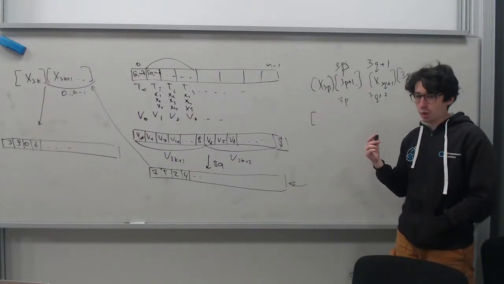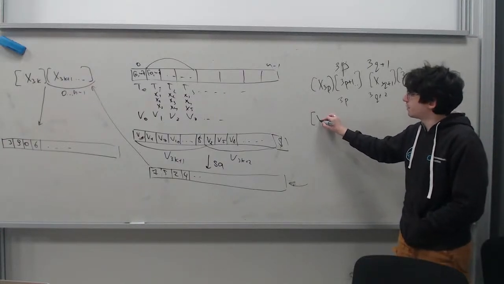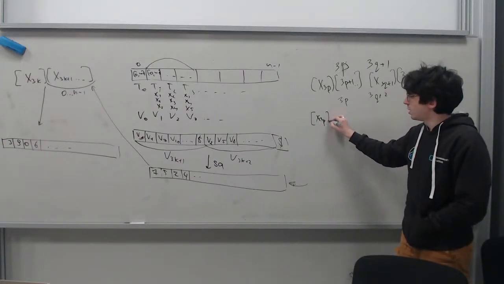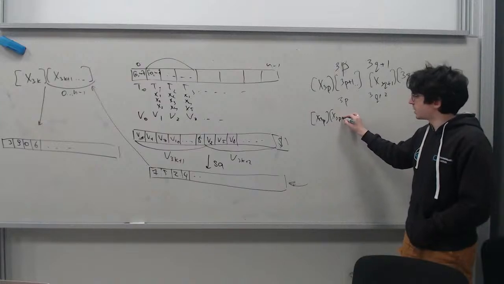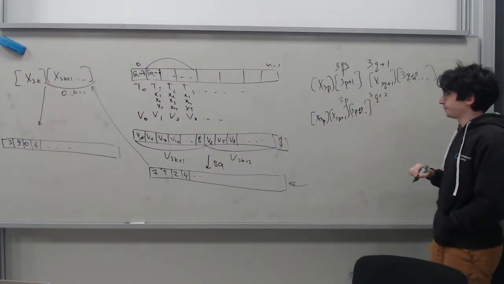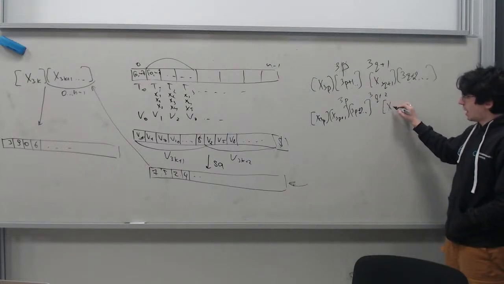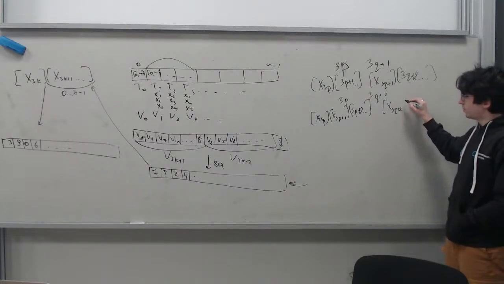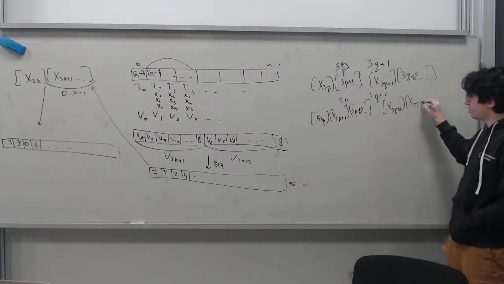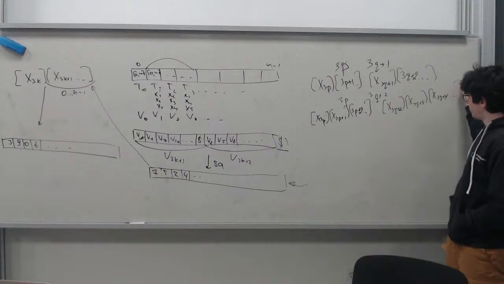Instead, we have two characters and the string. So we have x3p plus 1, and the suffix 3p plus 2. And here we have x3q plus 2, x3q plus 3, and x3q plus 4 again.